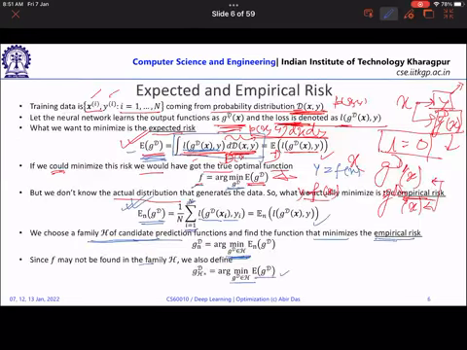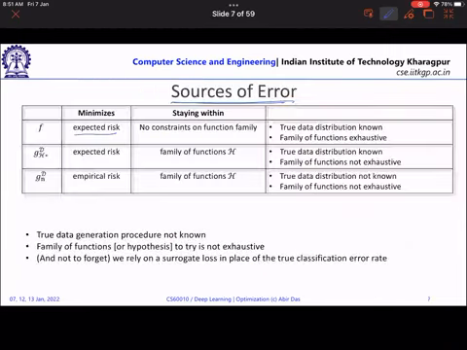So what was expected risk? This one, right? And we get F if we can minimize it. So no constraints on the function family. F minimizes expected risk, staying within the unconstrained, exhaustive family of functions. So the assumptions are: true data distribution known, and family of functions exhaustive.